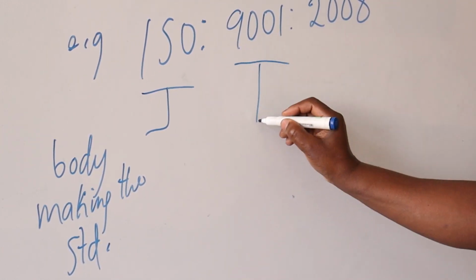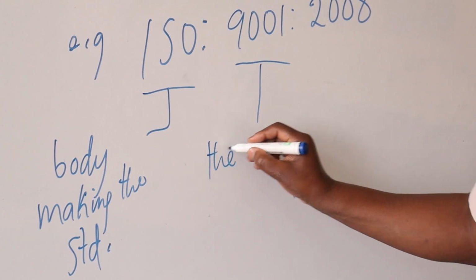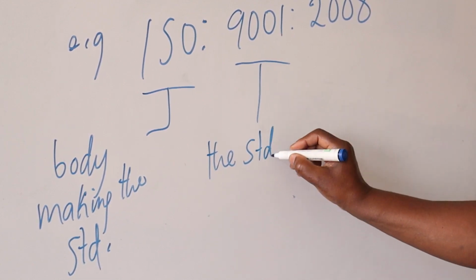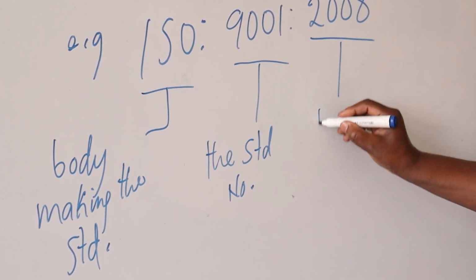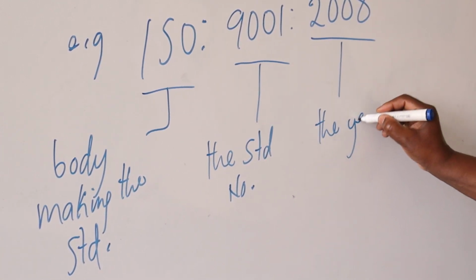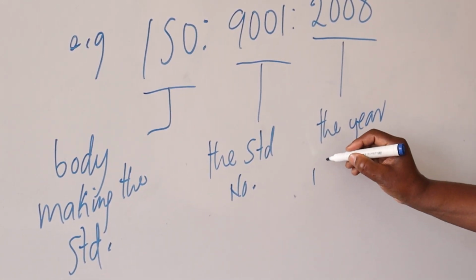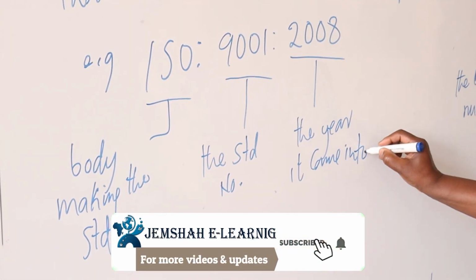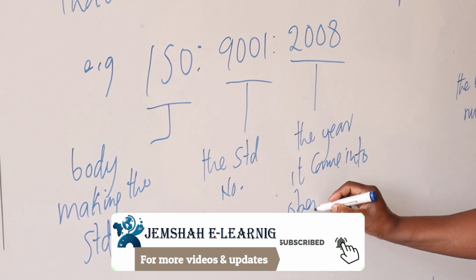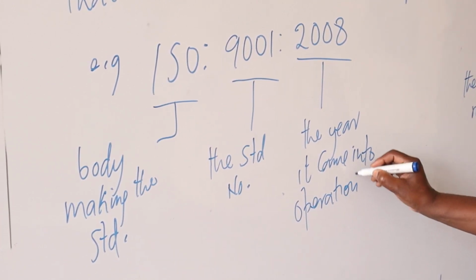This one here is the standard number. This one here is the year it came into operation.